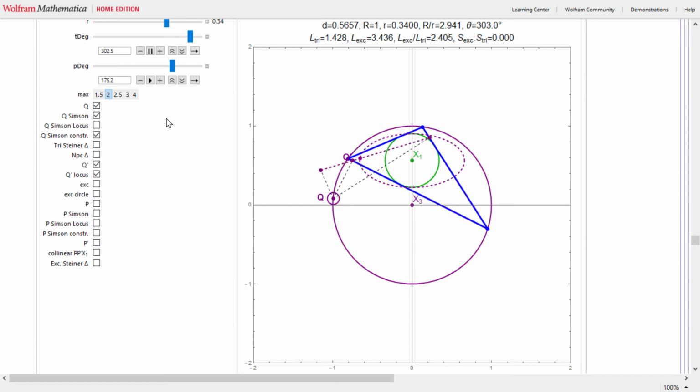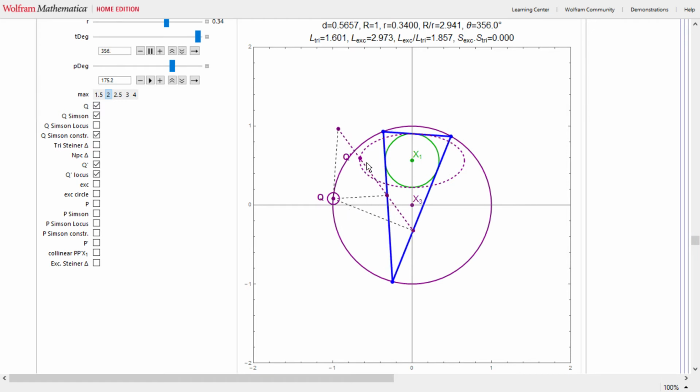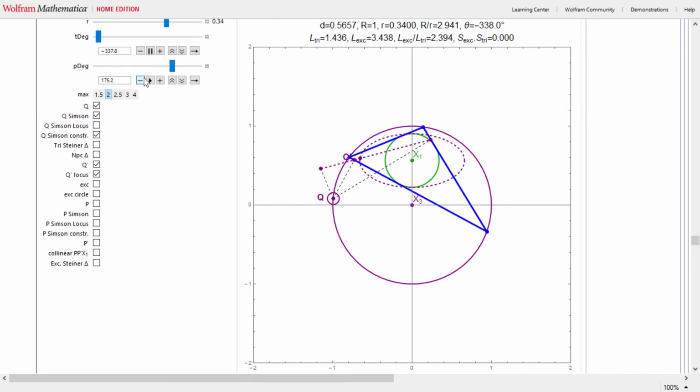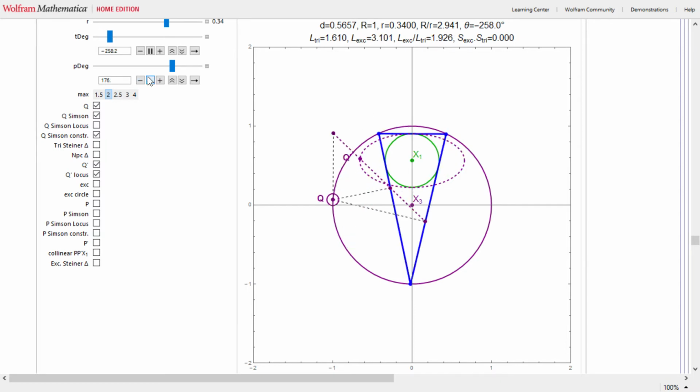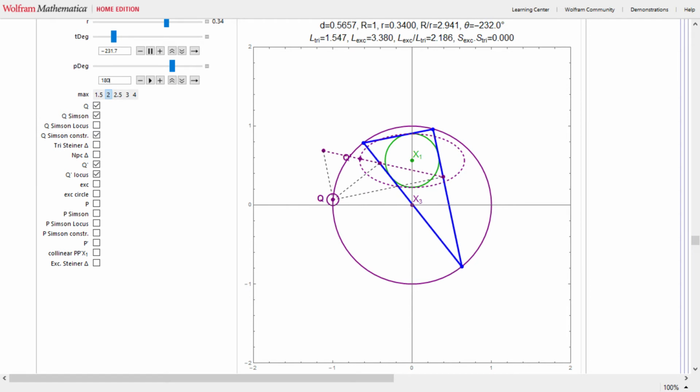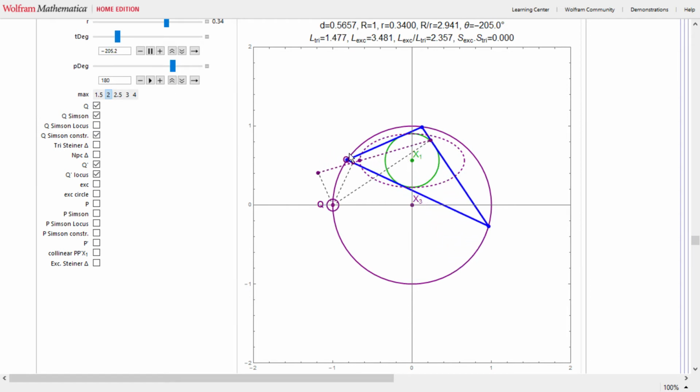You can see there that Q prime is sitting right there, almost at the vertex of this ellipse. In fact, if I move Q down just so that it sits right at the vertex here, let's place it at 180, that Q prime is going to be at the vertex of this elliptic locus.